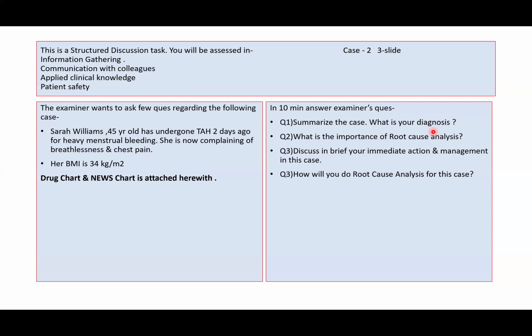Other causes could be any cardiac condition, but here most likely it is pulmonary embolism because oxygen saturation is low. She was still taking COCP and low molecular weight heparin was not started. And also she is having breathlessness and chest pain. BMI is also high, so this is also a risk factor for venous thromboembolism.